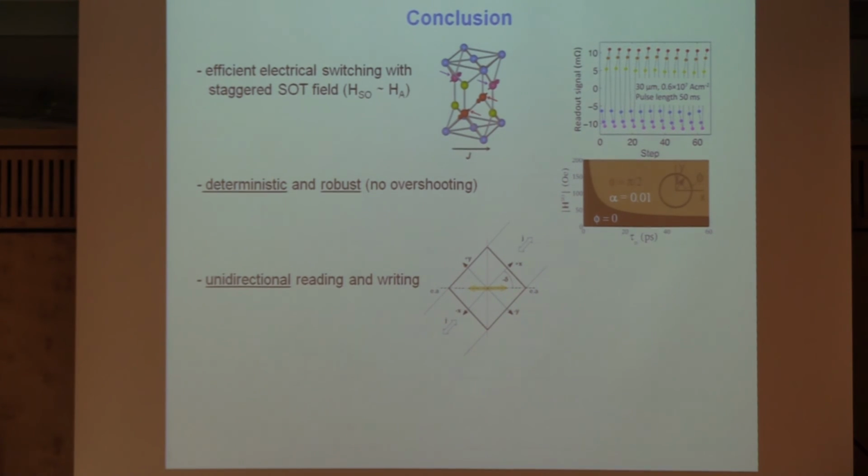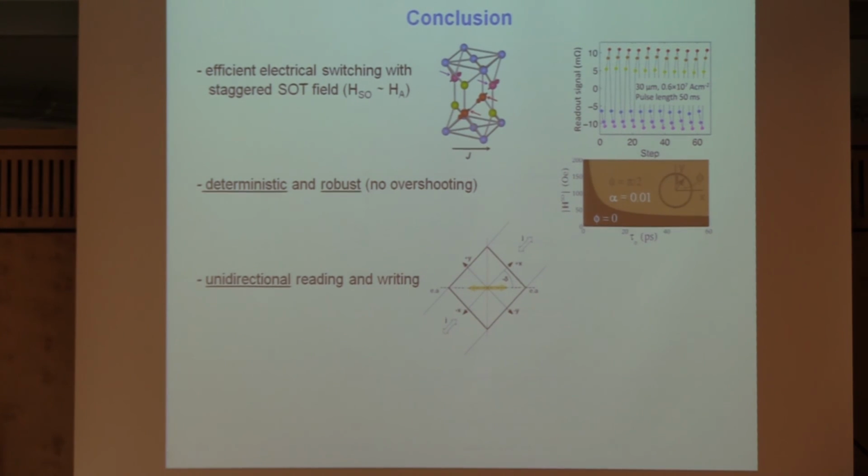However, you can use a device geometry where your easy axes are rotated by an angle, say by 45 degrees in this case. And because of the spin orbit torque field, which is staggered, which acts very nicely on your L vector in a way that it goes either clockwise or anti-clockwise.